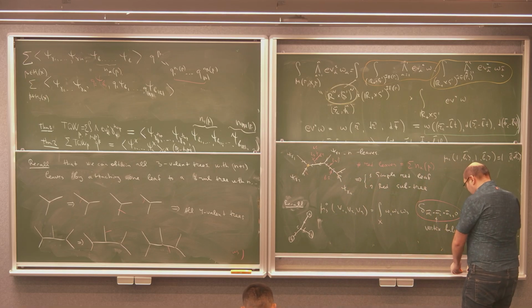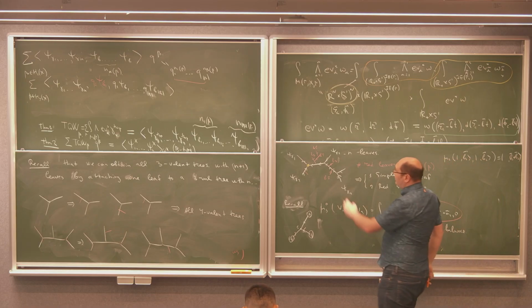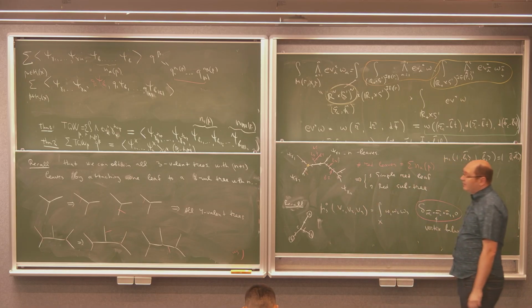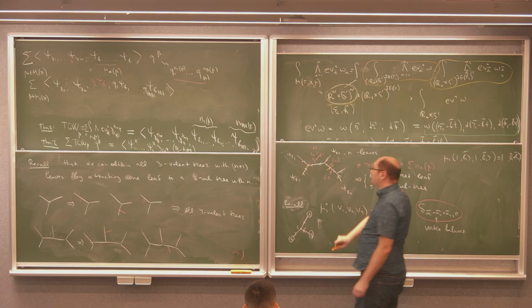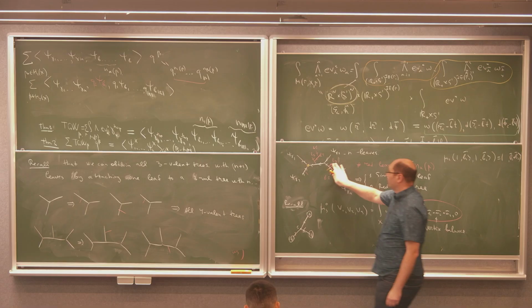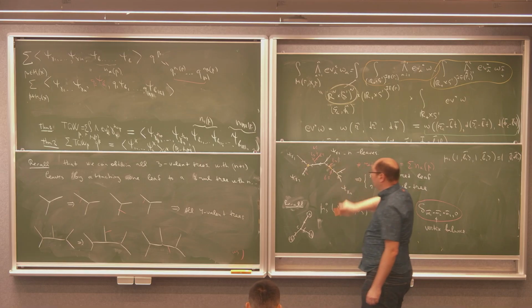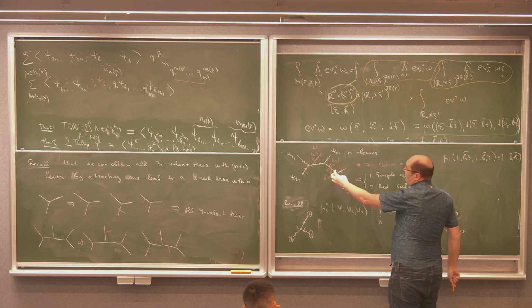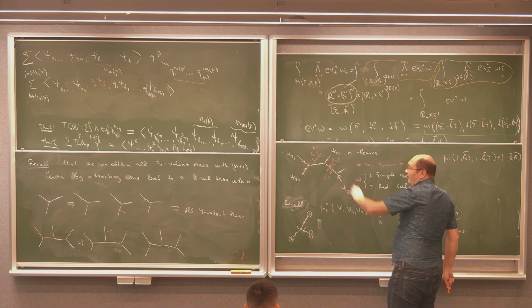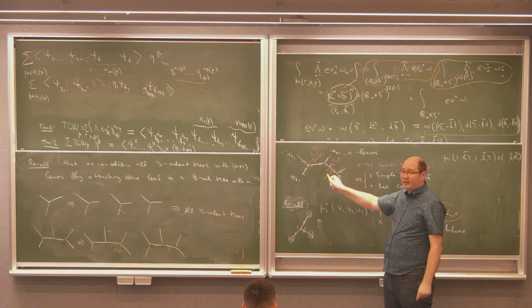Now in this arrangement we can easily compute integer vectors for each edge. If we want to compute the integer vector for, say, this orange edge, we need to see which subgraph is connected to this edge.